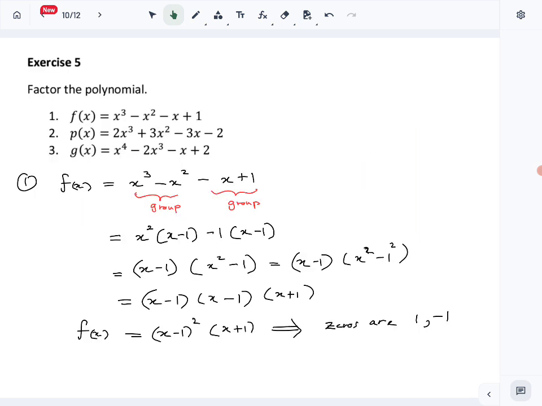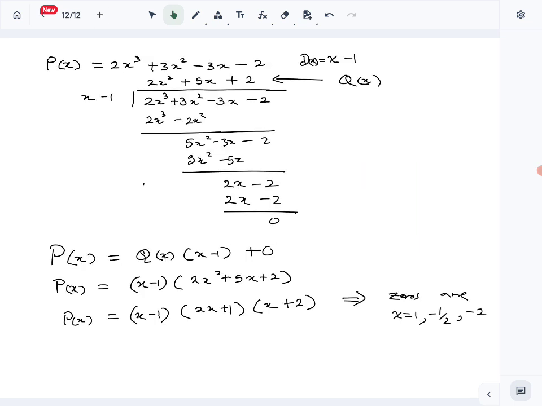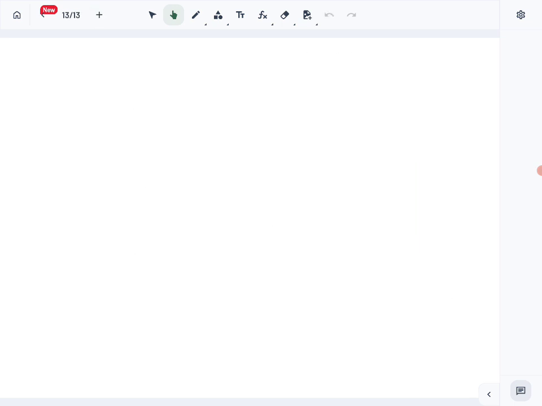G of x. Right, how to do this one? Let's see. G of x is what? Third one.